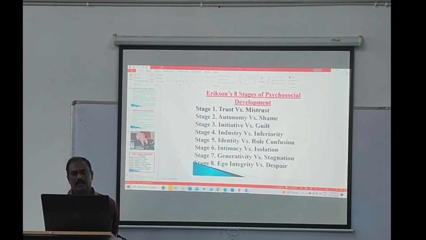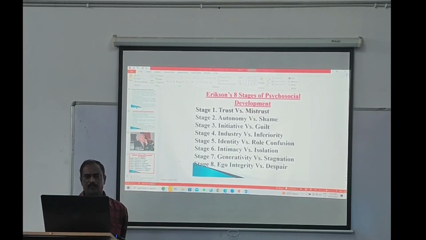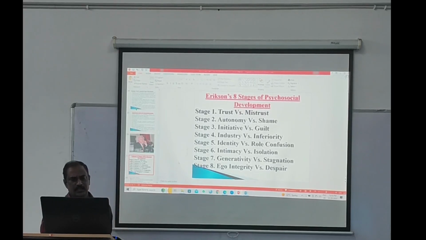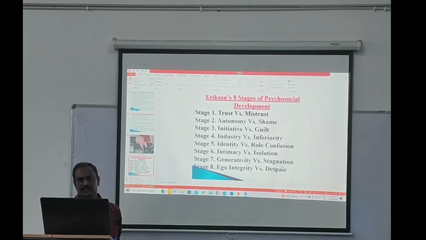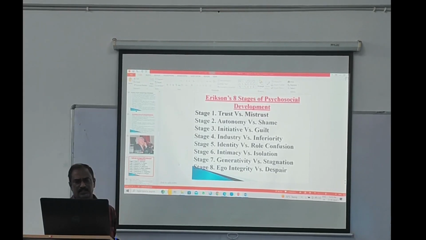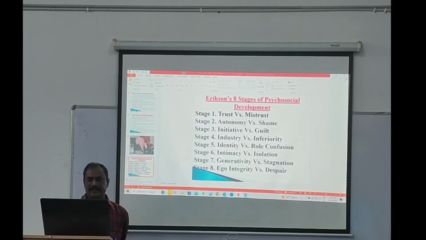Stage 4, industry versus inferiority. Stage 5, identity versus role confusion. Stage 6, intimacy versus isolation. Stage 7, generativity versus stagnation. Stage 8 is ego integrity versus despair.